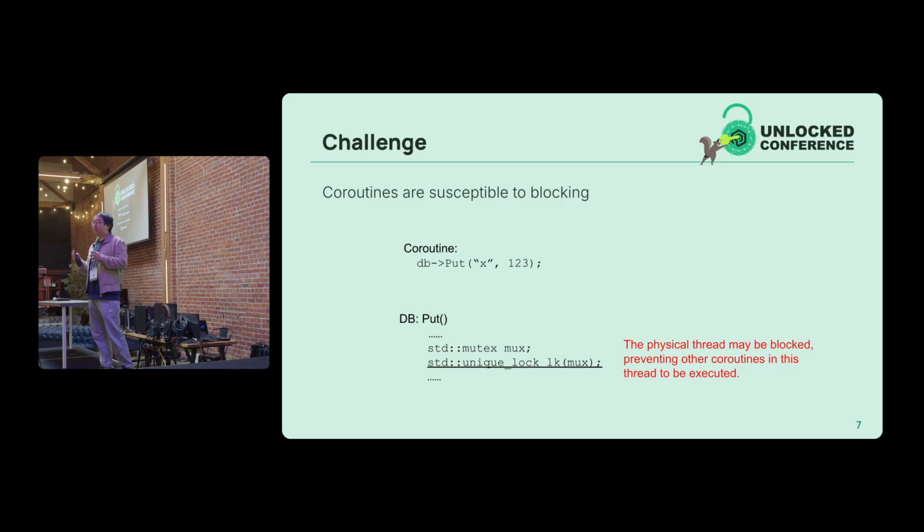In a coroutine, I may invoke a function, and inside the function there is a thread synchronization. This synchronization may cause the physical thread to be blocked. In coroutine execution, usually a single physical thread is associated with many coroutines. So blocking this physical thread means that we will block all the coroutines associated with it, which is bad.